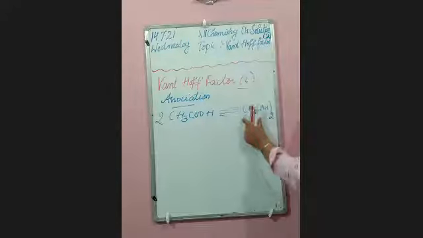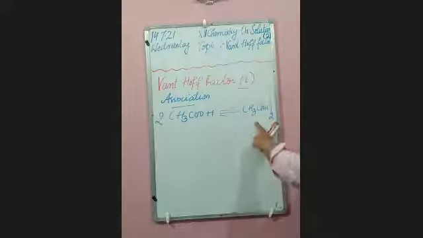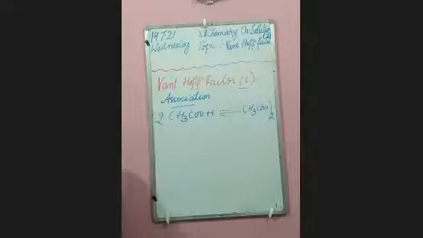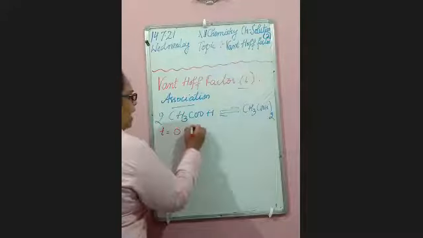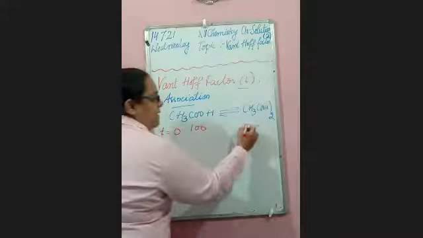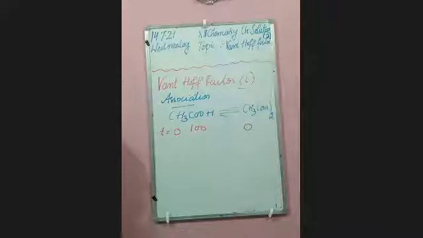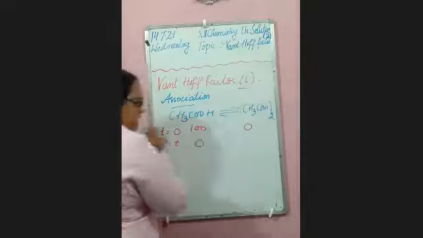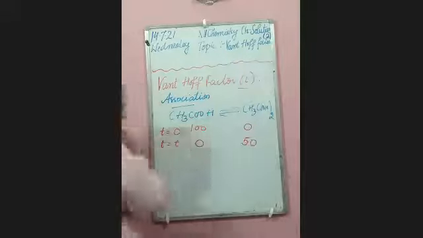Suppose I am taking 100 and it will form 50 because it undergoes dimerization. So at t equal to 0, I am taking 100 molecules, and at time t, it is left 0 and it will form 50.